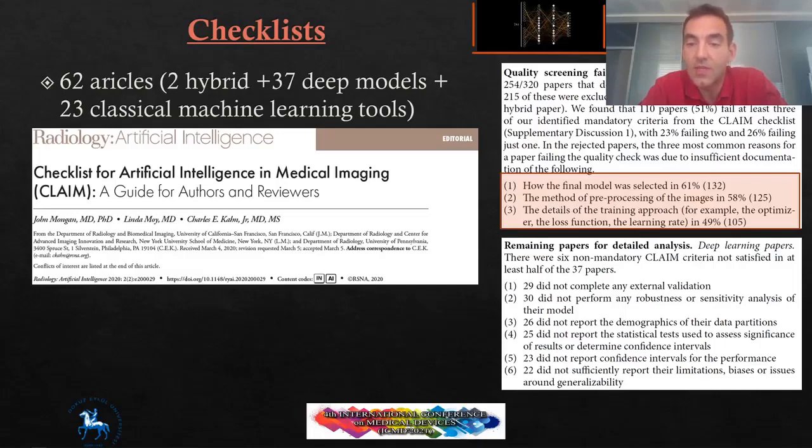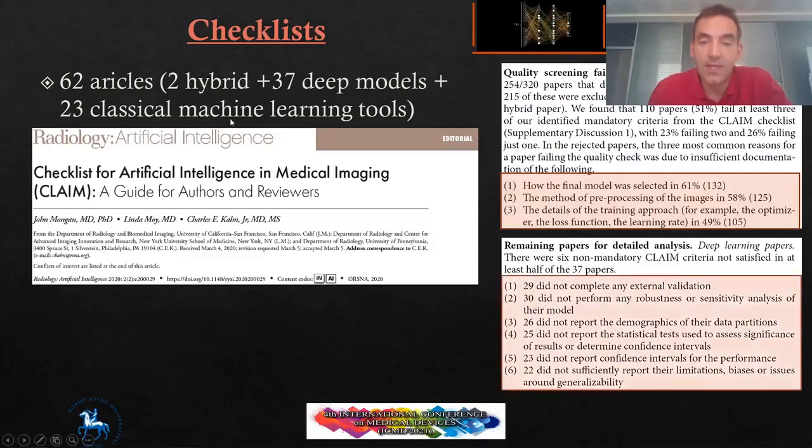25 didn't report the statistical tests used to assess the significance of results or determine confidence intervals. 23 of them did not report confidence intervals for the performance, and 22 did not sufficiently report their limitations, biases, or issues around generalizability or generalization.